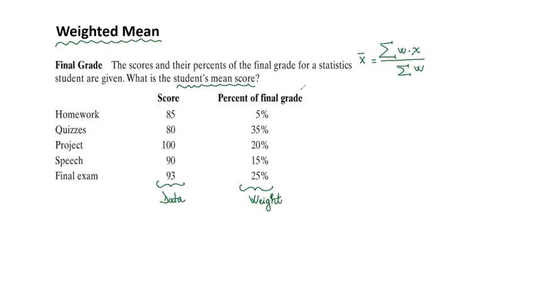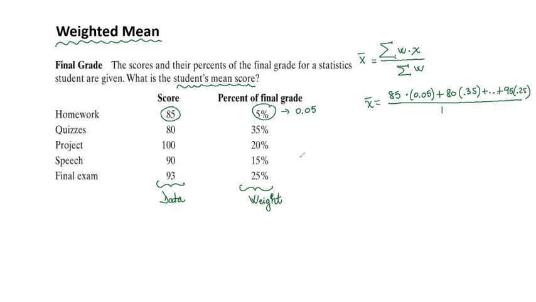Well, you can simply apply the formula by doing the first category, which is homework, times the percentage, however I will turn this into a decimal, plus the other category times the corresponding decimal, and so on. At the end, you have the last one, which is 95 times 0.25. You can do that by hand, or divide by 100.